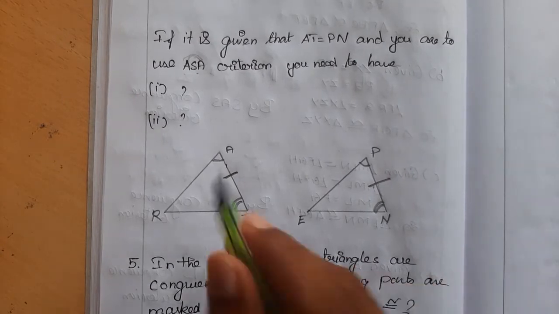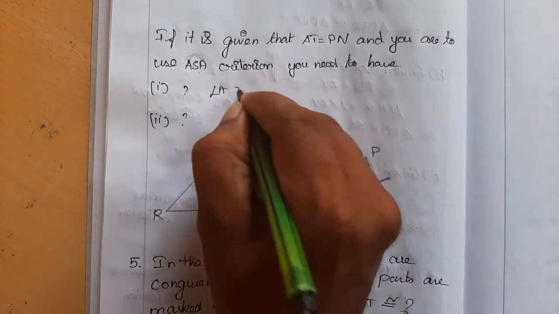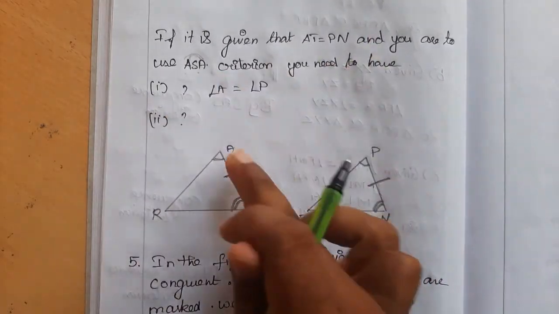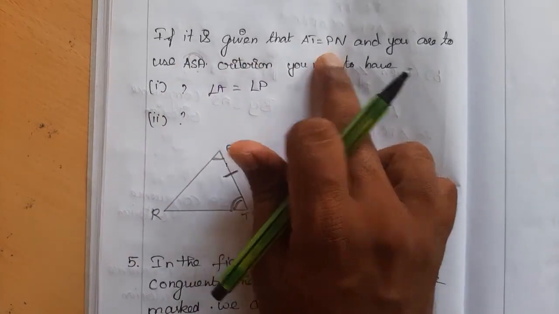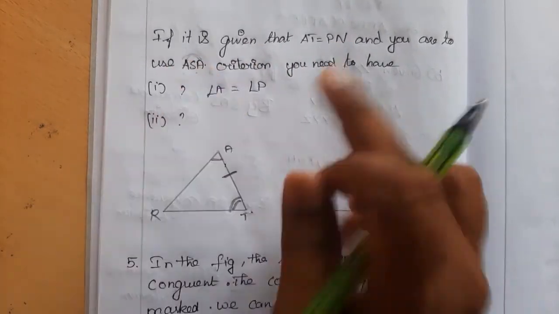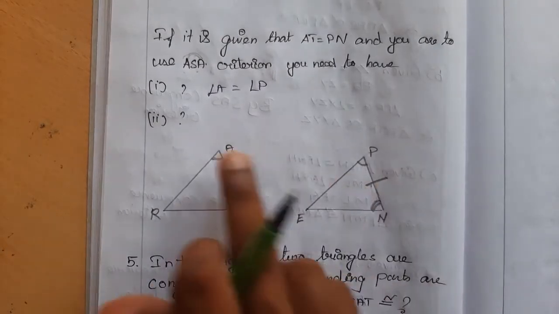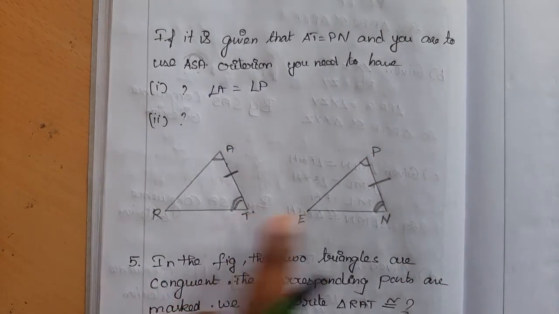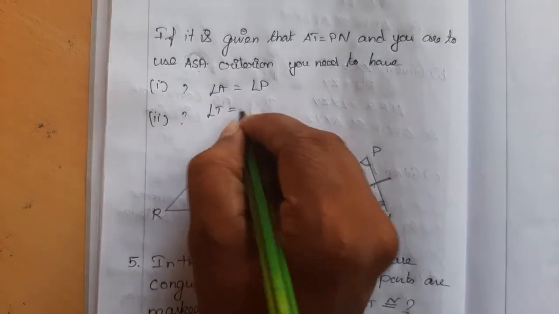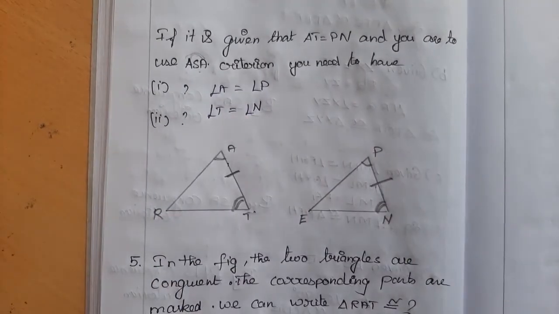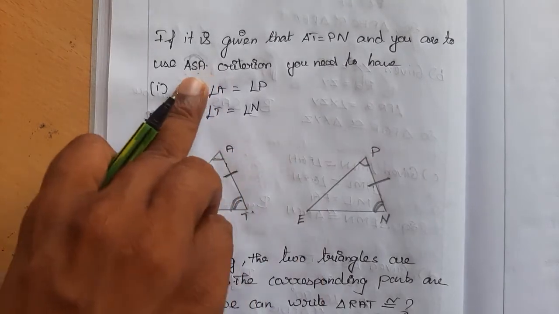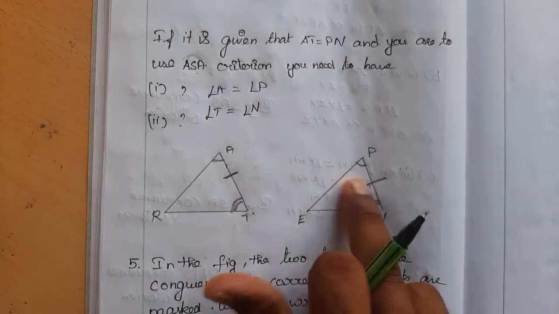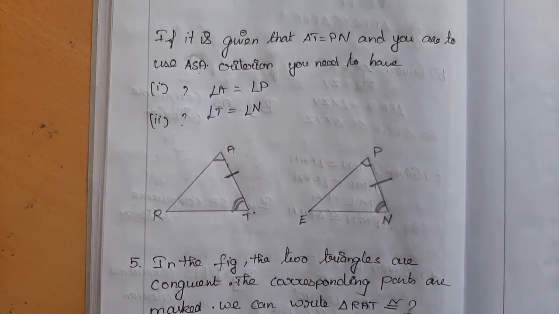So these two must be equal. Angle A is equal to angle P. ASA means these two angles. One side is given equal, then we have to find the two angles which are included in this side. So that's what we have found. A and P have to be equal, and T and N have to be equal. Clear? So one side is given, the two included angles we have to find. So we found one side, then the included angles are easy to find from the figure.